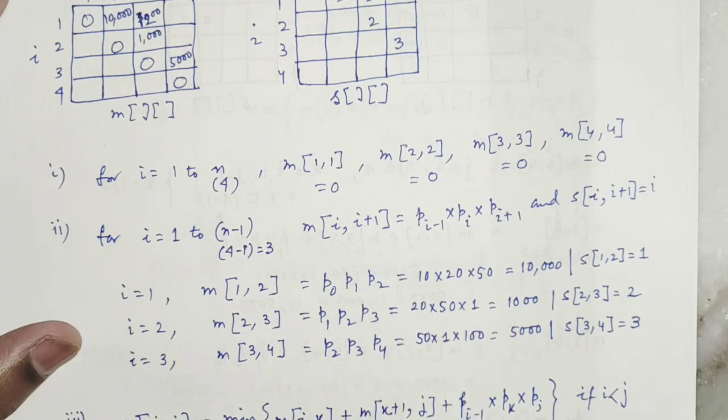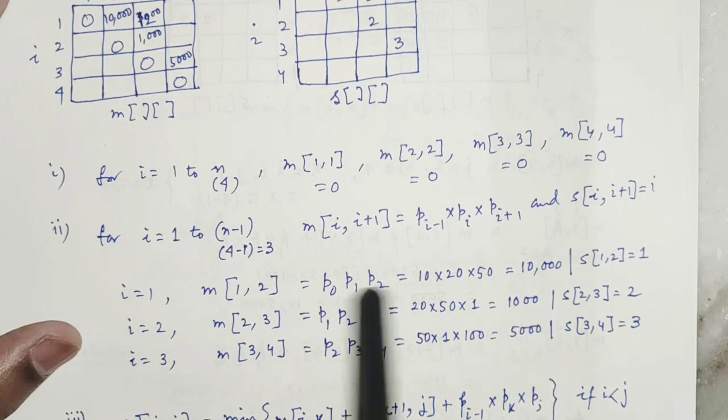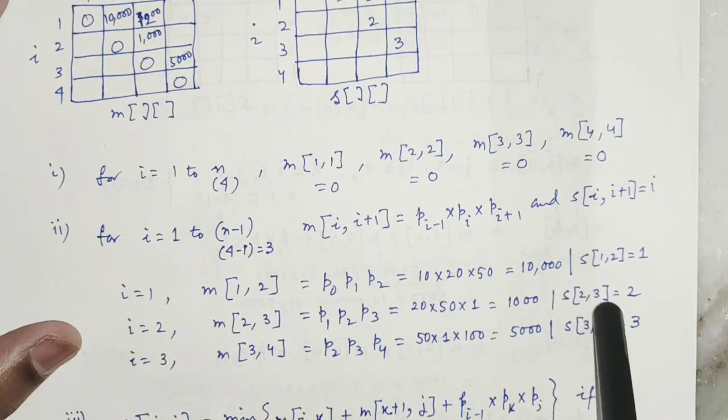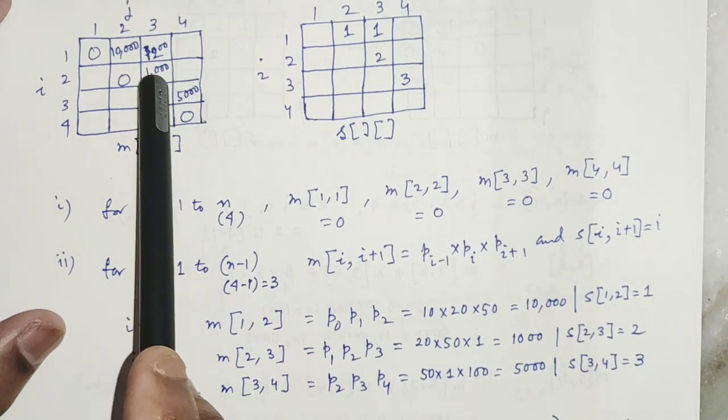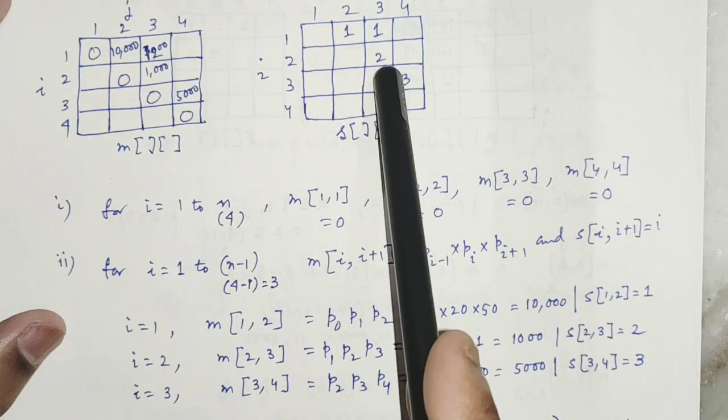By the data, that calculation gives 1000. And at the same time s of 2 3 will receive the value of i, that is 2. So I stored 1000 for m of 2 3, and s of 2 3 receives 2.